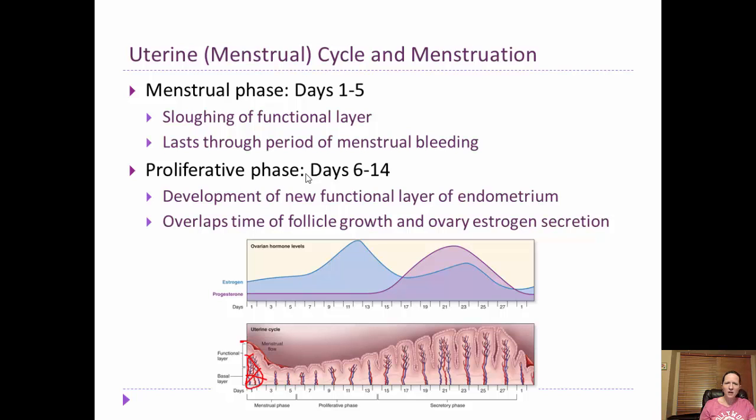So menstruation is going to be the actual process of shedding that uterine lining. The menses is going to be the lining that is shed, or it can also be called period. A lot of people know that word as well.